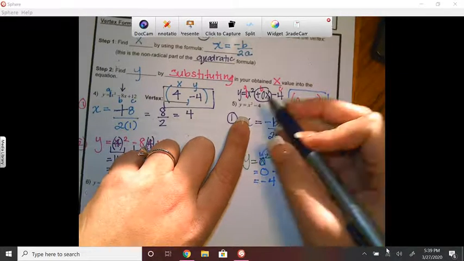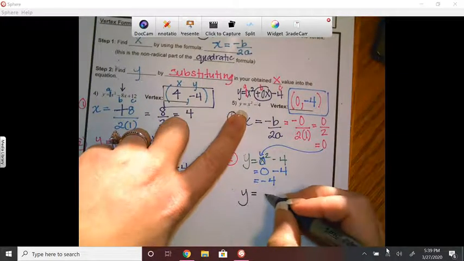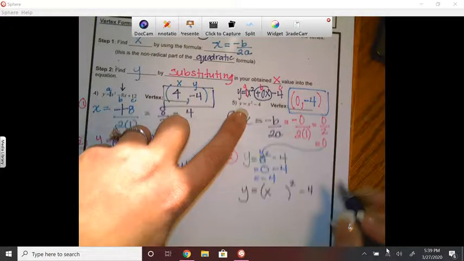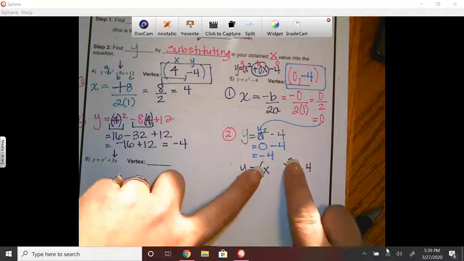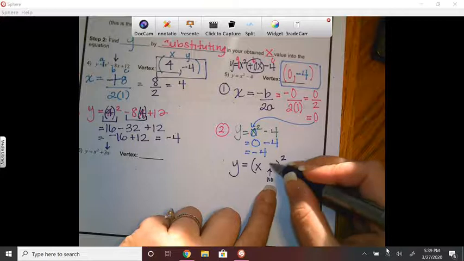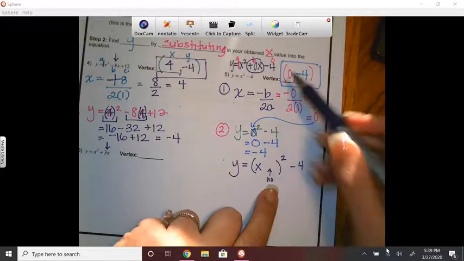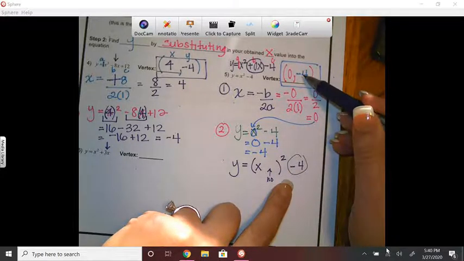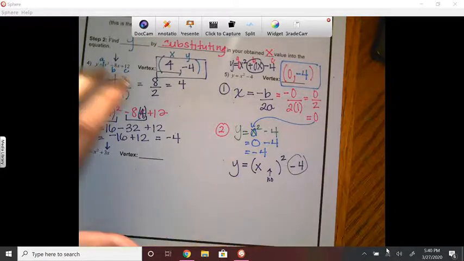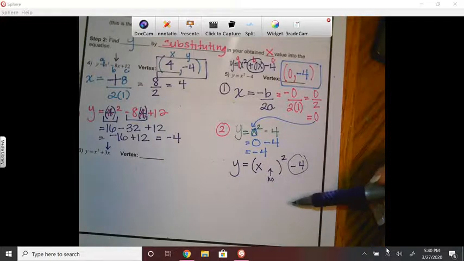We could just look at it and put it into vertex form like this: y equals x squared minus 4. There is no number in the parentheses with x, so 0, and this number here is the y value of the vertex. So technically I didn't need to show work, but the work always works here.